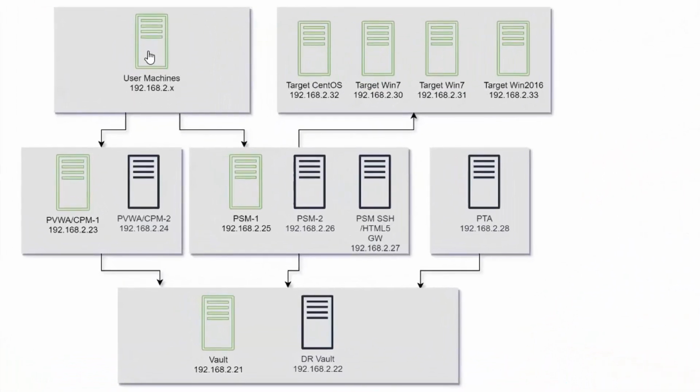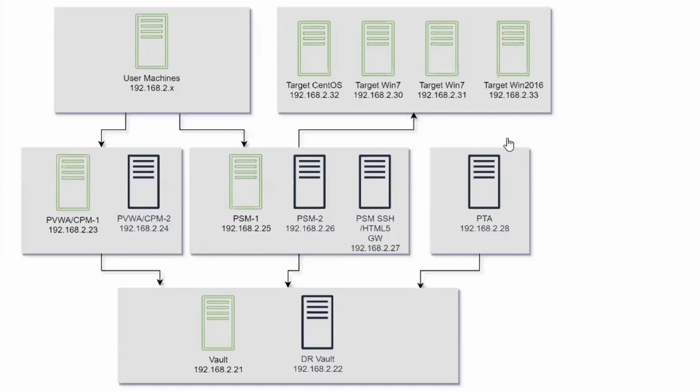This is gonna be a hierarchical architecture diagram. So the user's machine gonna access PVWA using the web protocol, port 443, and then they need to access PSM using a native protocol, RDP port, and from the PSM server they can access the target server using those native protocols like RDP, SSH, SQL port, or web port.